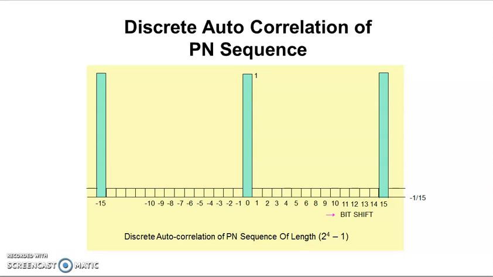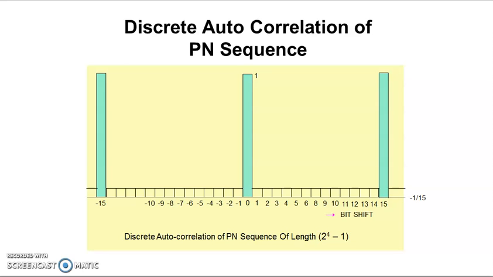It has the values of 1 and 0s, that is, for a 0 shift and for a 1/15th shift, because 2 raised to 4 minus 1, so the total shift is about 15.